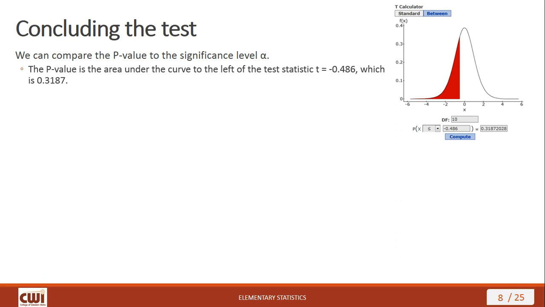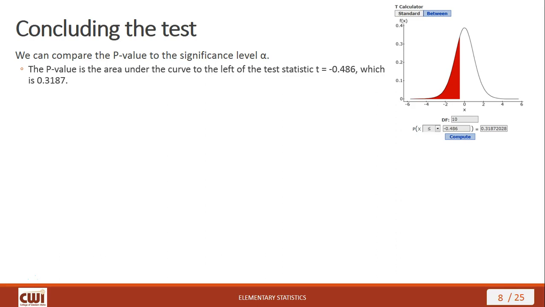Now the p-value is the area under the curve that's bounded by the test statistic, which we just calculated on the previous slide. So in our t-calculator, we put in negative 0.486, and we're looking to the area to the left of that test statistic because our alternative hypothesis was less than.